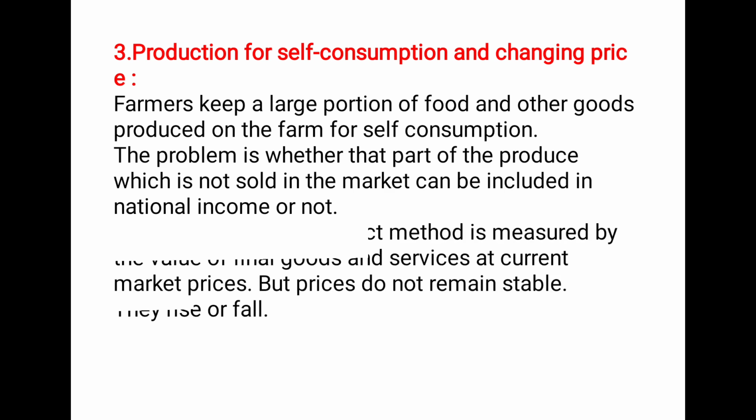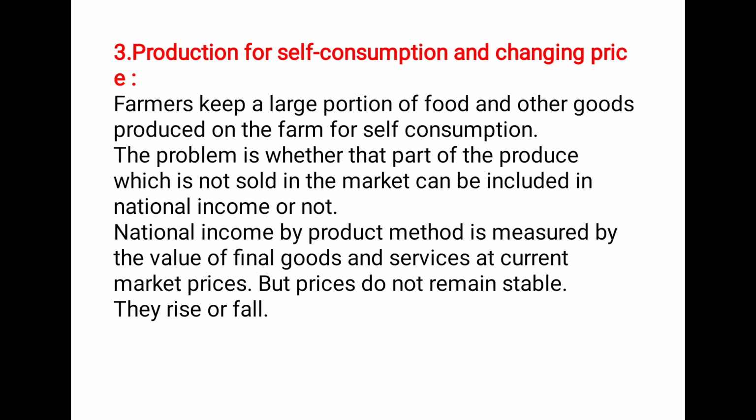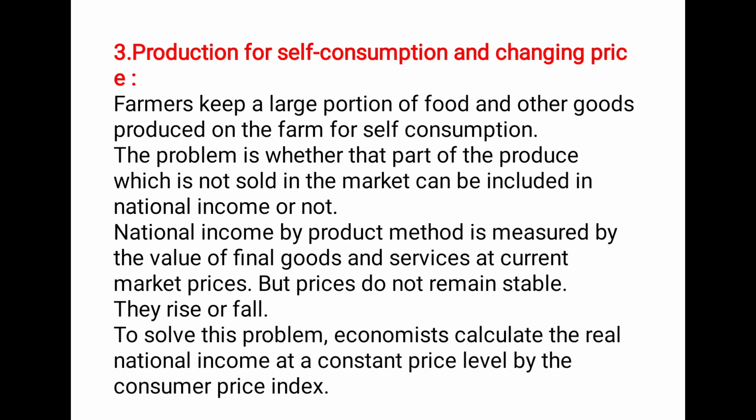National income by product method is measured by the value of the final goods and services. When we computed national income, we have seen that only final goods and services are taken into consideration. But prices do not remain stable, the price always fluctuates. So which price are we going to take into consideration while we calculate national income? This is the next problem that we face in computing national income.